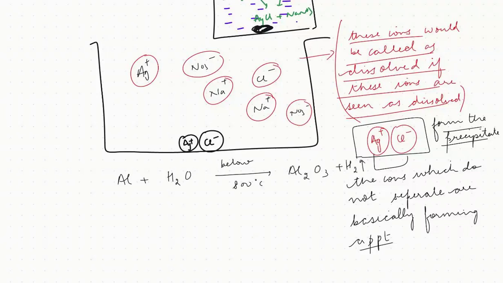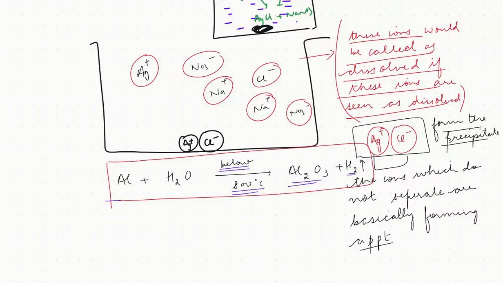So we would have Al plus H2O will give me Al2O3 plus H2. And the temperature here would be below 800 degrees Celsius.